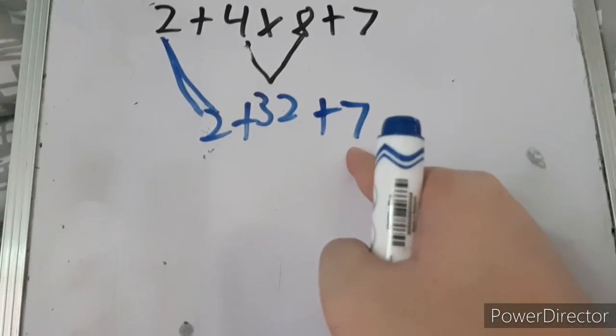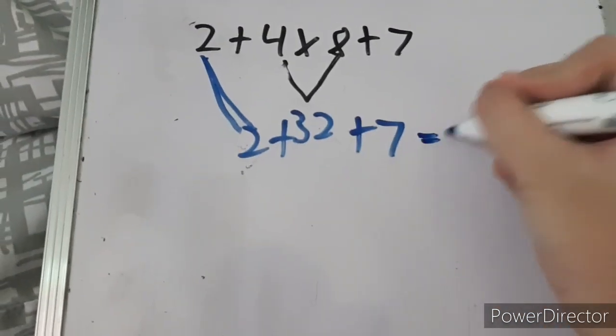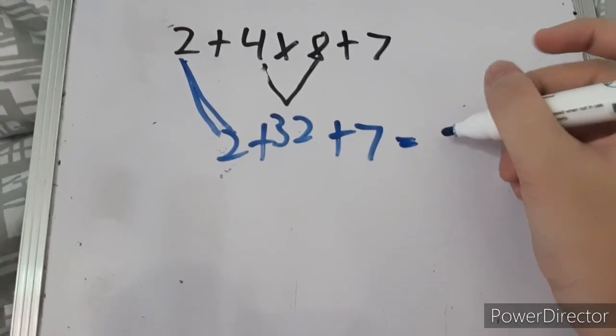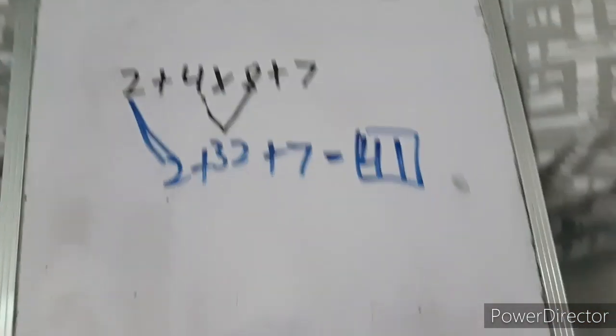So 32 plus 7 is 39, and then 39 plus 2 is equal to 41. Ito yung pinakafinal answer nila.